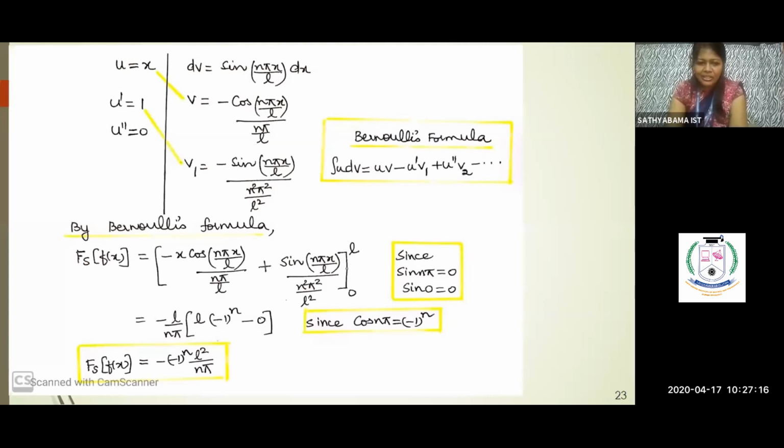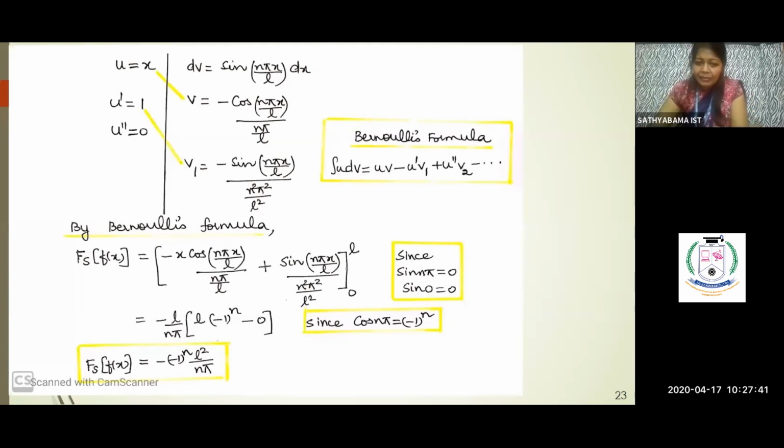Next, we have to substitute. Now, when you substitute, the upper limit is L, right? So what will you get? Now what I've done is actually, if you look at the second term is becoming 0 completely. The second term is becoming 0 for both the upper and the lower limits. Why? Because when you replace x by L, please concentrate on the second term alone.